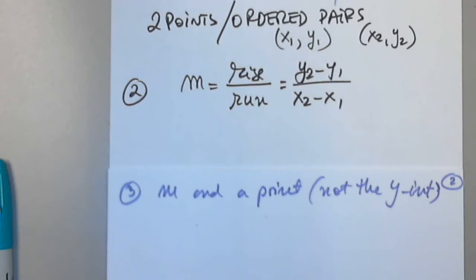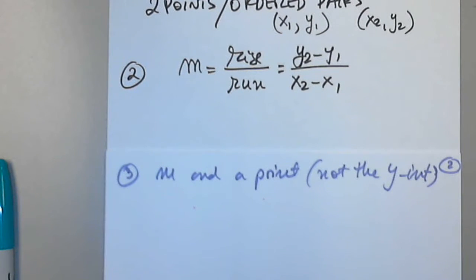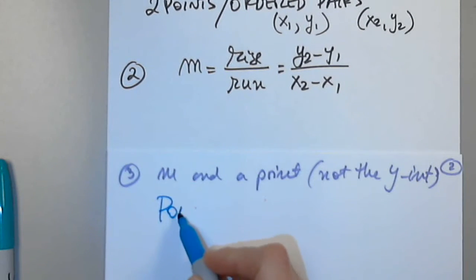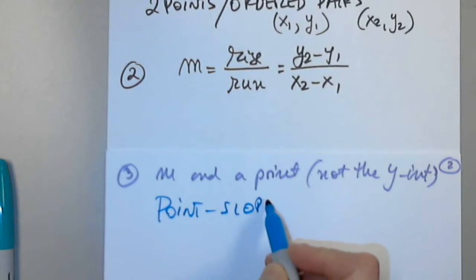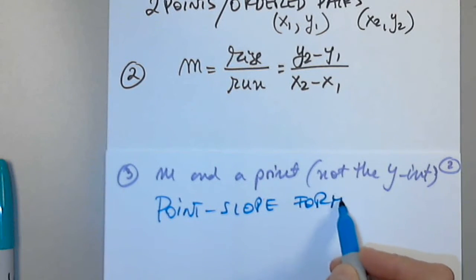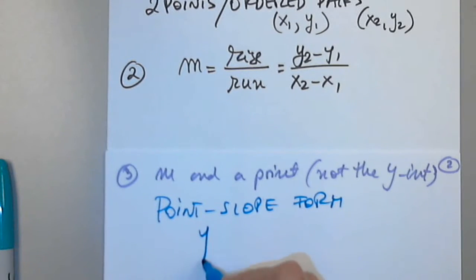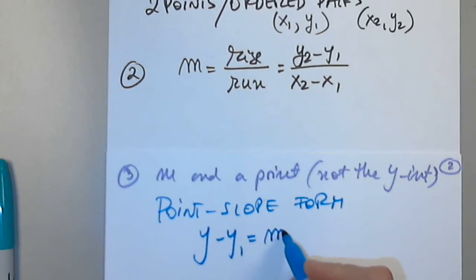What form will I use to determine the equation of the line? Standard form? I'll get to the standard form. Thank you for mentioning it. Yes, the point slope form. Very good. How do I write the point slope form? y minus y1, very good, equals slope times x minus x1.